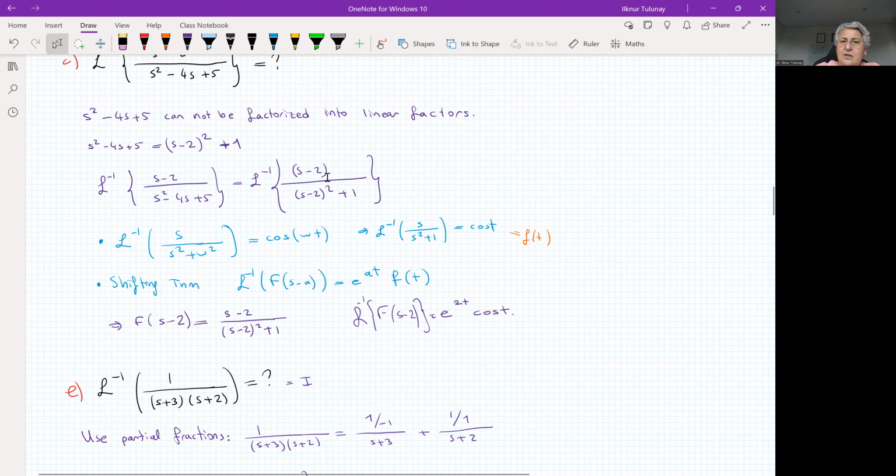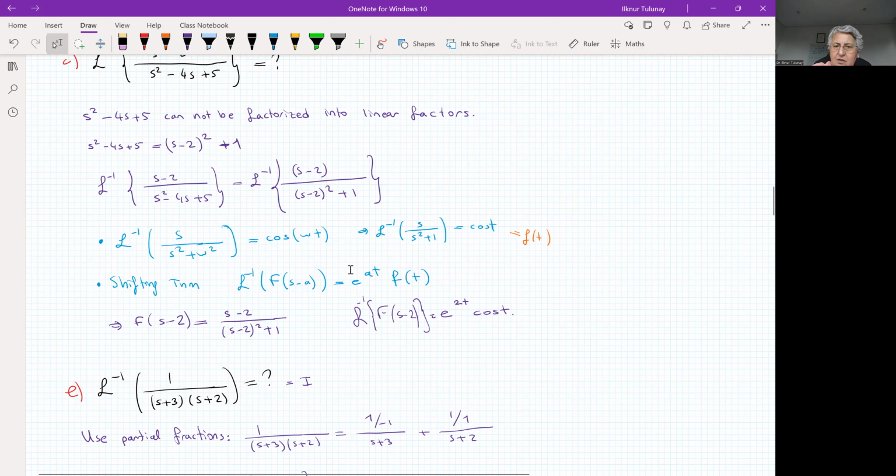So we have s minus 2 instead of s. That tells us that we need to use the shifting theorem. The shifting theorem says that if we have the shift F(s minus a), then the inverse is e to the at times f(t).